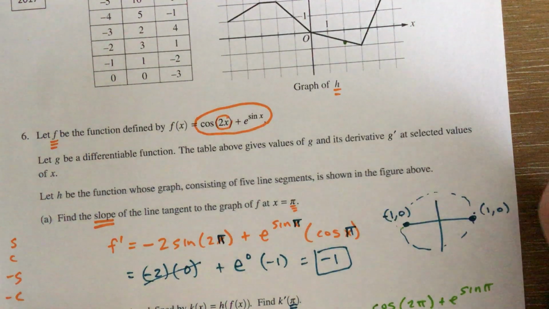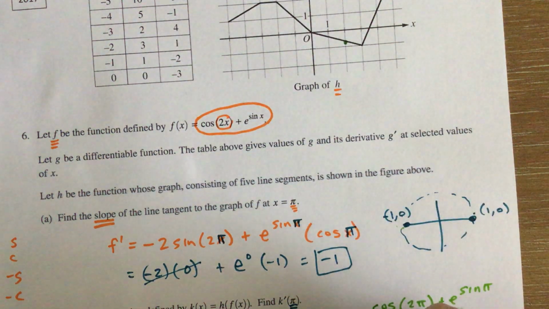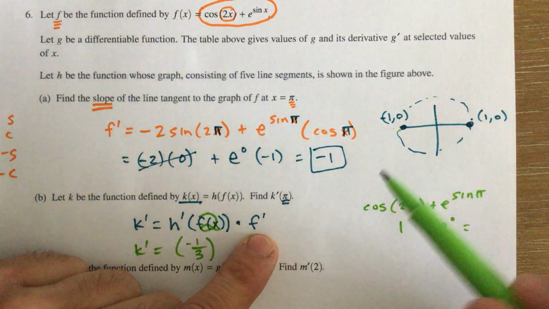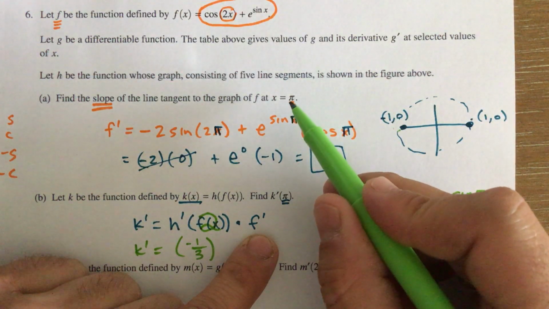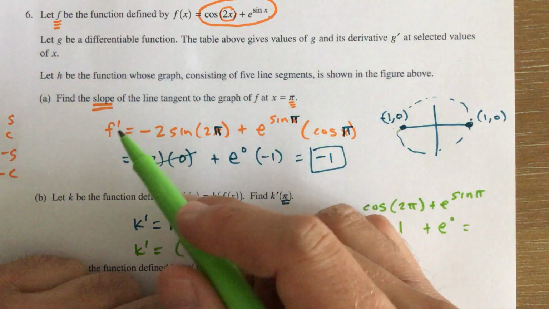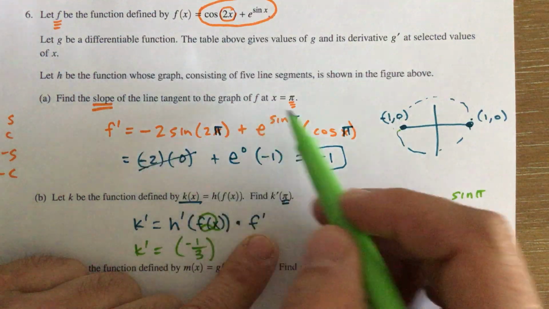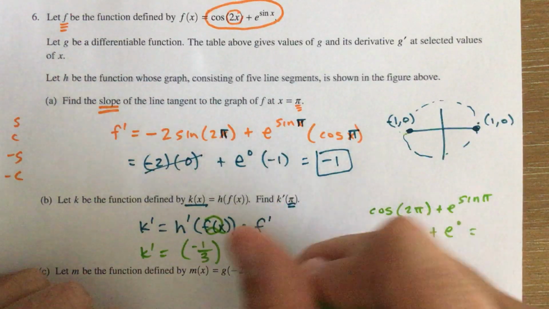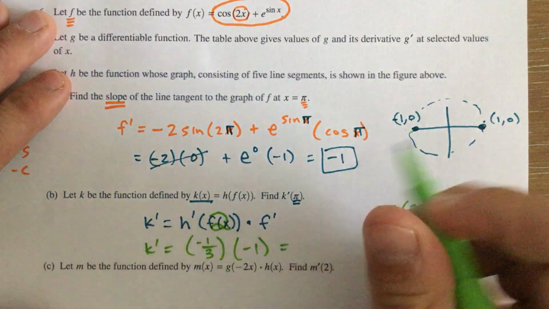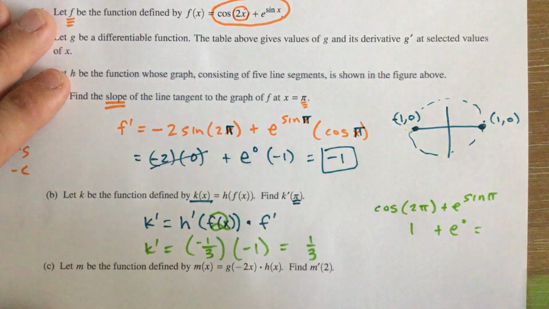And then the last part is I have to plug in pi into f prime, which I think is kind of unfair, because what that means is if I messed up on a, then I would be wrong, because I already did this work. F prime of pi gave me -1 on a. So negative times negative is positive, and it's going to be 1/3.